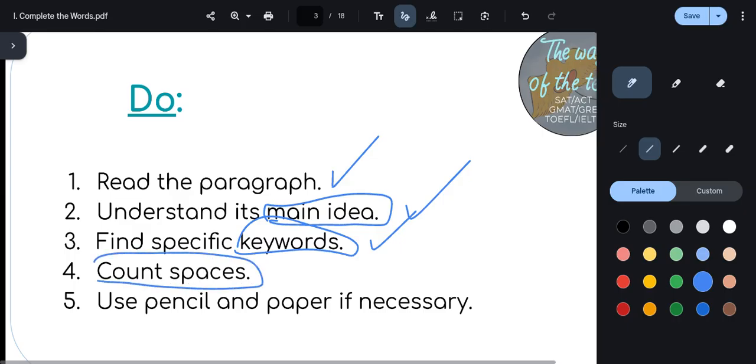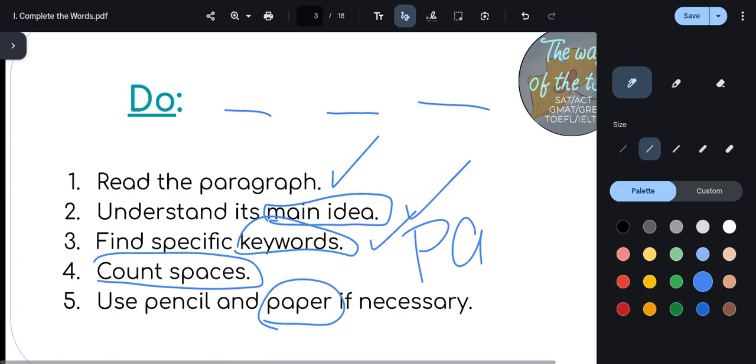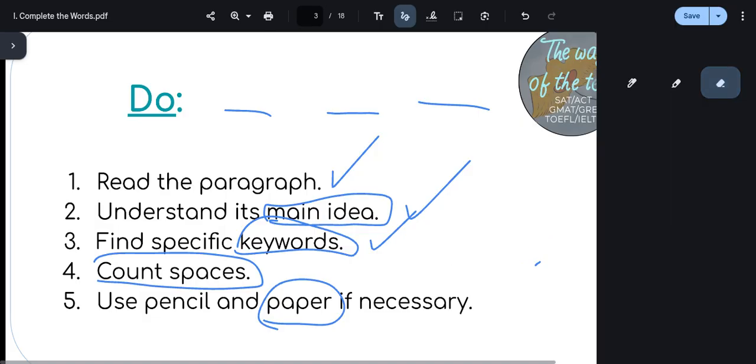I know this sounds silly because you can literally see these spaces, but a lot of mistakes happen because you're not counting spaces. So you just read a word, like let's say I have the word paper, right? So you put P A dot dot R. No, this is a silly example.